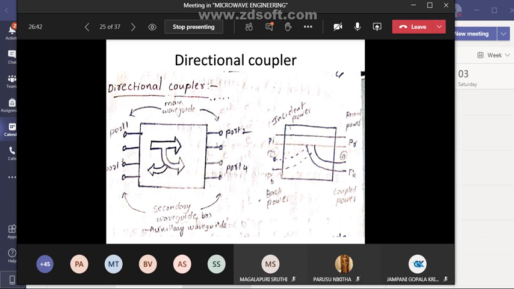The power from port 1 is coupled to port 4, not to port 3. It has 2 main waveguides and 2 secondary waveguides.